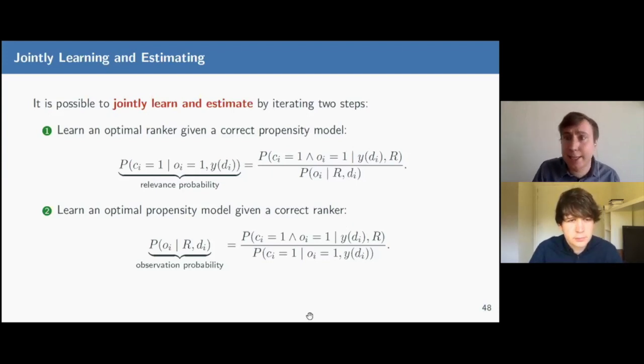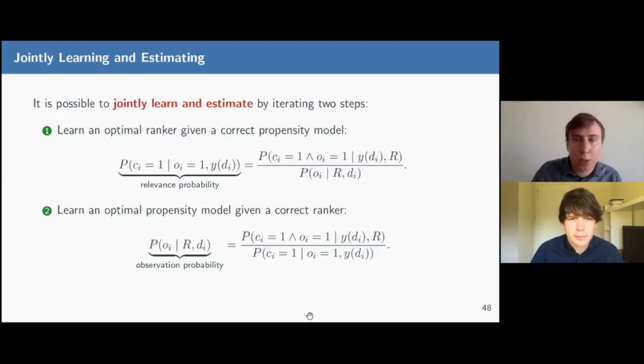And that's the second step, where we can say, well, given that we have hopefully a good model, a good ranker, can we learn an optimal propensity model? Can we say something about the propensities if we know how good our ranker is, how relevant certain documents are at certain positions? And that's exactly what this type of work tries to do. So it tries to solve both of these problems simultaneously in a single model.